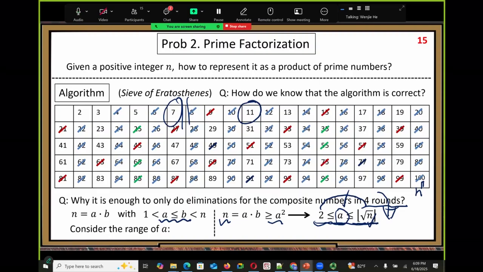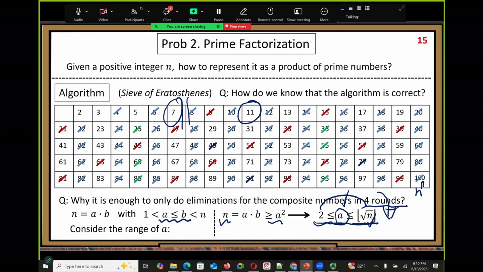So when we work on the sieve, we can stop much earlier. Otherwise, if you do the remaining many rounds of sieves, you are wasting your time. Not efficient.